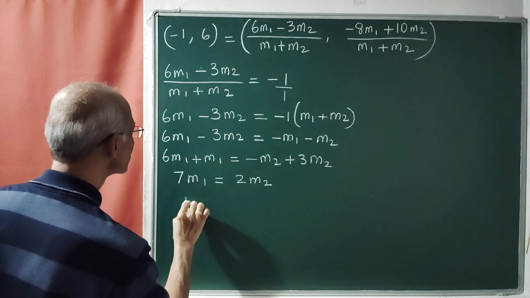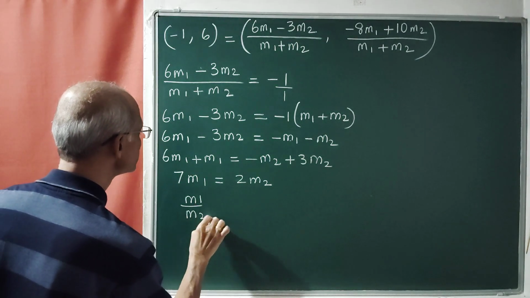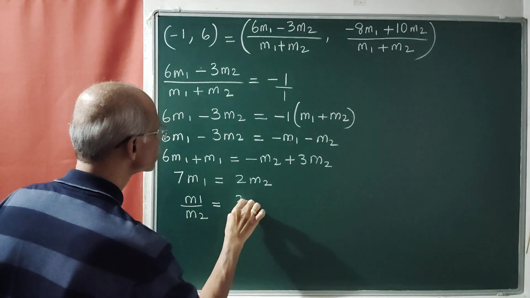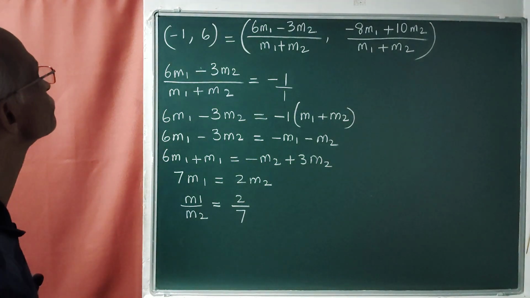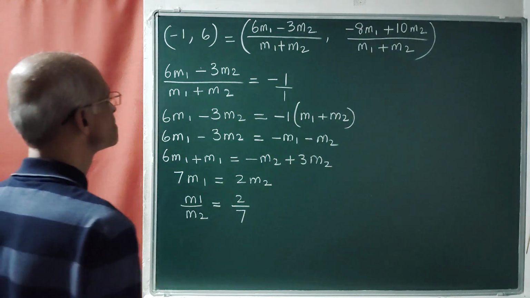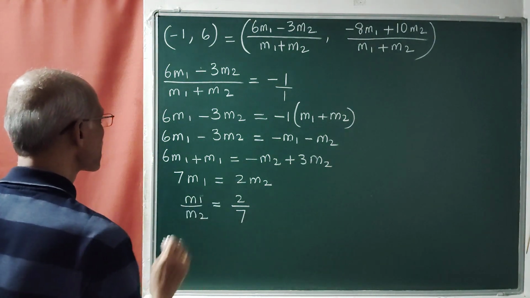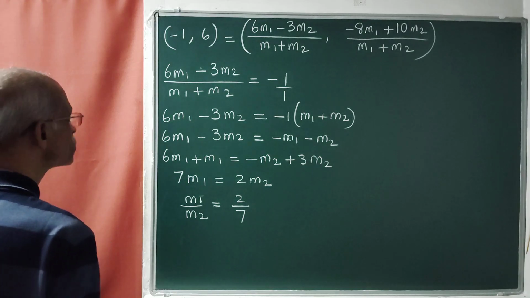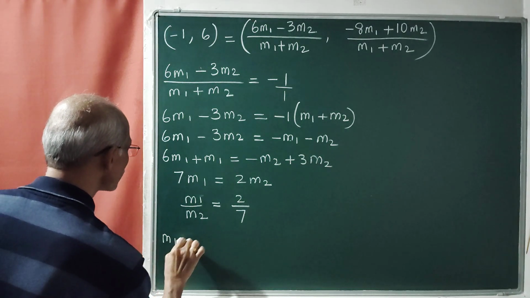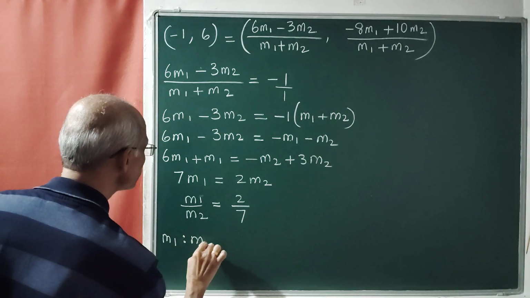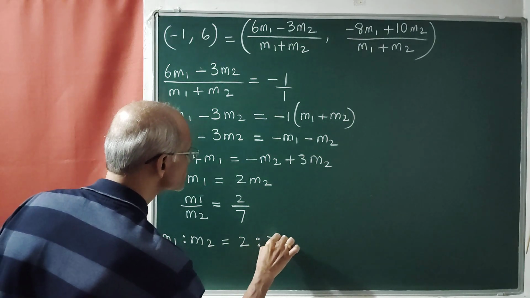So we will get m1 by m2 is equal to 2 by 7. So the ratio is m1 is to m2 is equal to 2 is to 7.